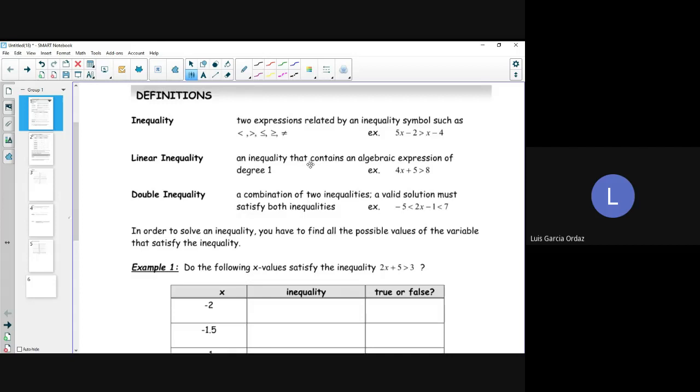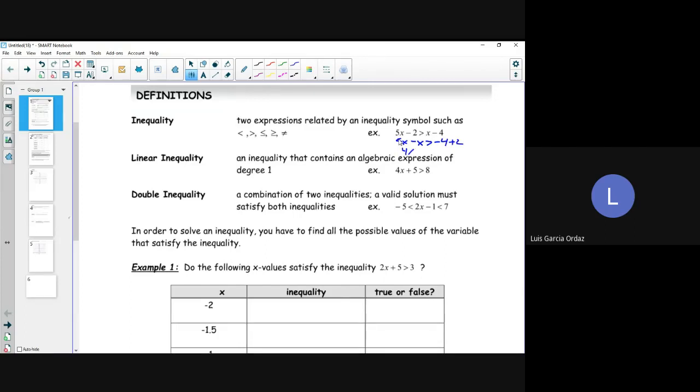And just like any other algebraic equation, you just treat the less than or equal to sign or greater than or equal to sign as an actual equal sign. So you're still moving the variables over to one side and keeping the numbers on another side. So for example, we got 5x, move the x over, so we get 5x minus x greater than negative 4 plus 2.